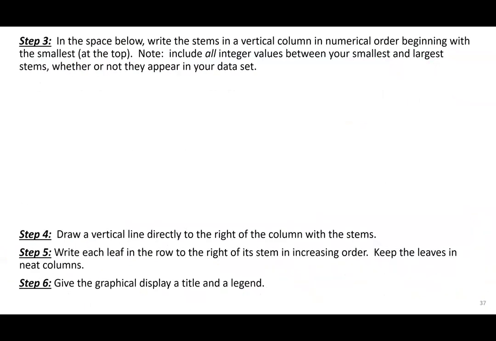So here, 20, I had 30, 40, 50, 60. I didn't have any observation in my 70s, but I need to include it. I'm just going to leave it blank right here, but you must include everything all the way up to the highest one. So there are all my stems.